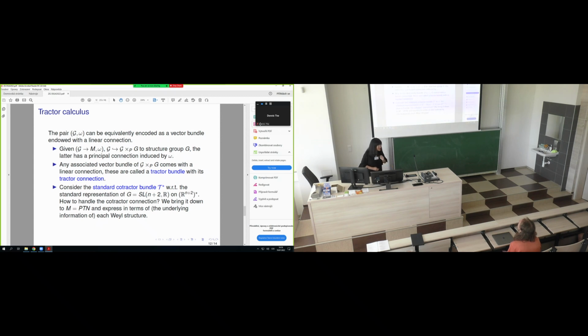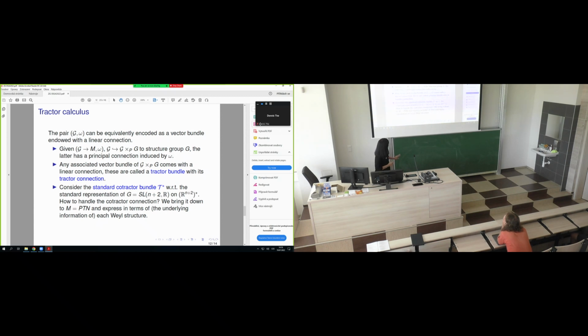And the explicit Weyl structure underlying information can be used in another way of trying to understand the information in the parabolic geometry, by equivalently encoding it as a tractor bundle together with a tractor connection, where the tractor bundle is a line bundle coming from the following.